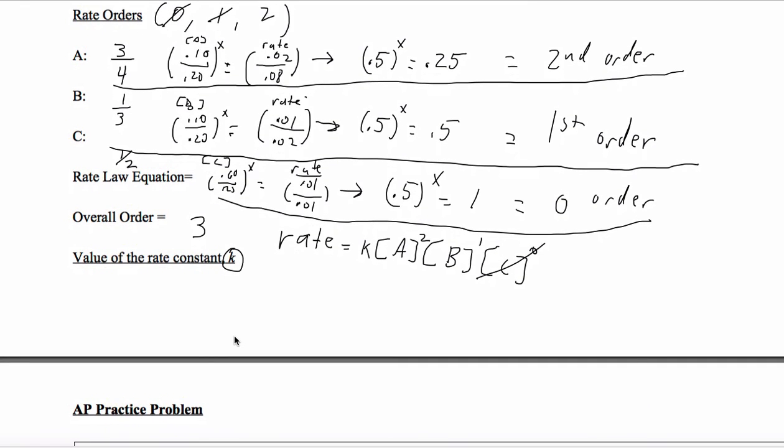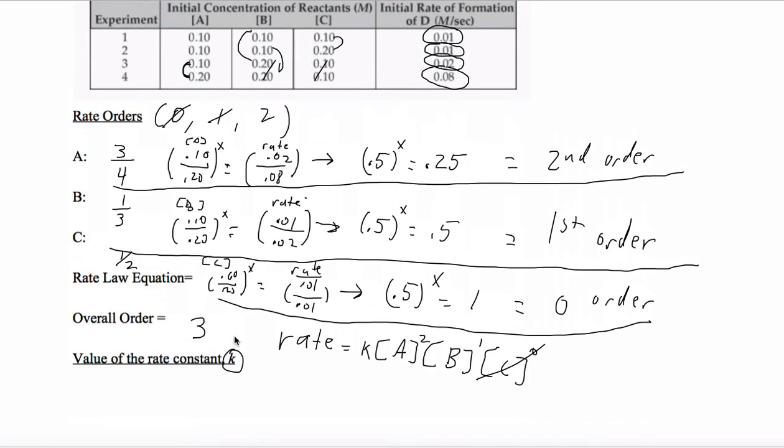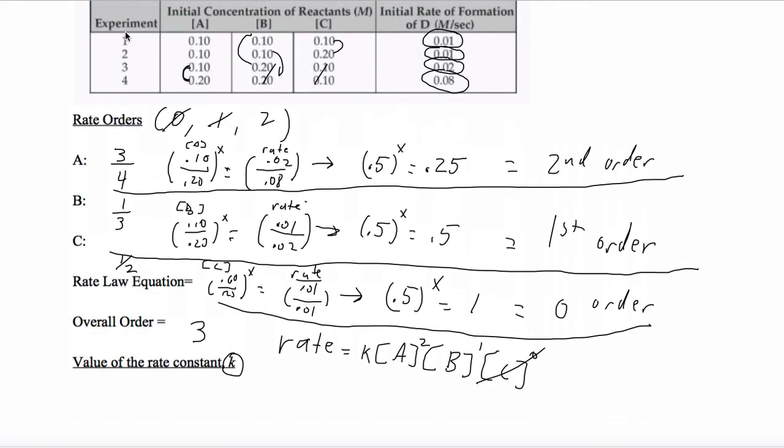Now, to get the value of the rate constant, it's really easy. All we have to do now is pick any one of these experiments and plug them in. So let's just pick experiment 1. At experiment 1, the rate is 0.01. We're trying to solve for k.